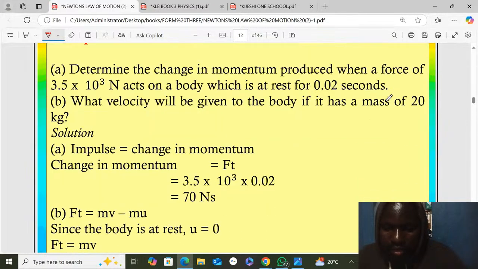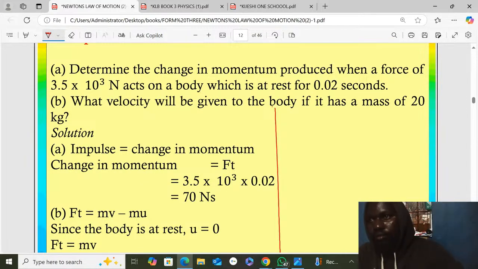We still have another example. Determine the change in momentum produced when a force of 3.5 times 10 raised to power 3 newtons acts on a body which is at rest for 0.02 seconds.